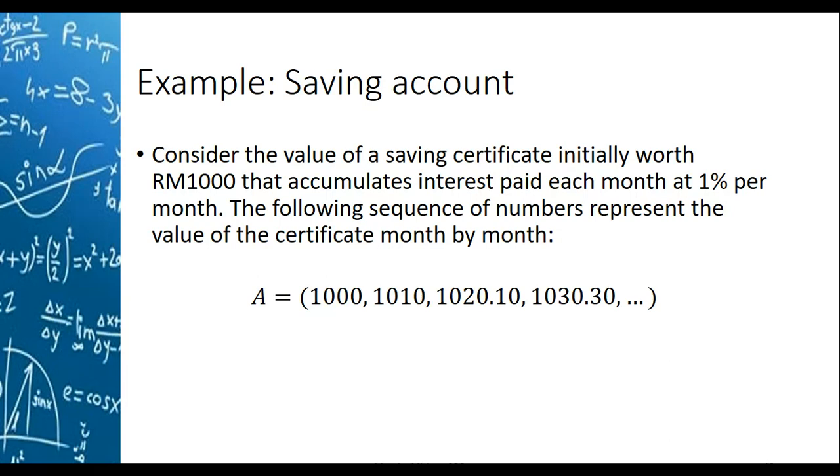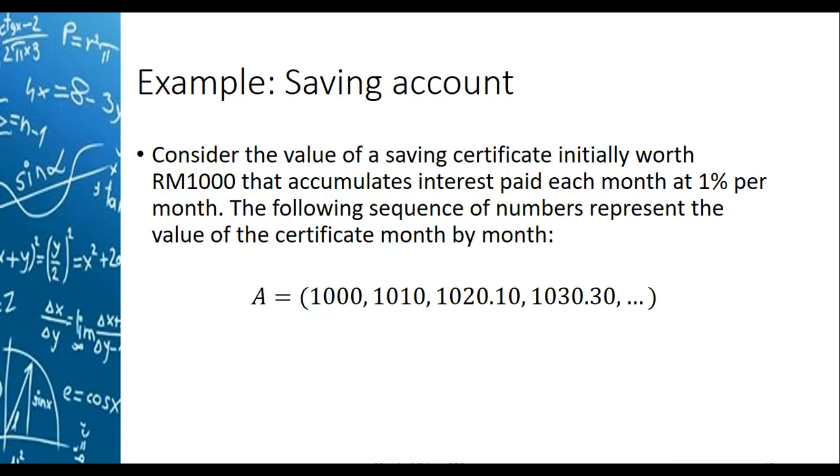Wow, it is a very good way, right? If you have interest paid to you in advance on a monthly basis. But let's say this is to make it simpler. So your interest is paid each month, and you get 1% interest rate.